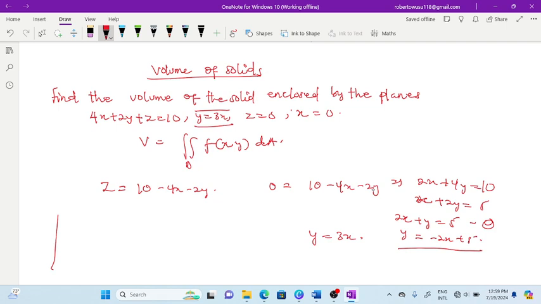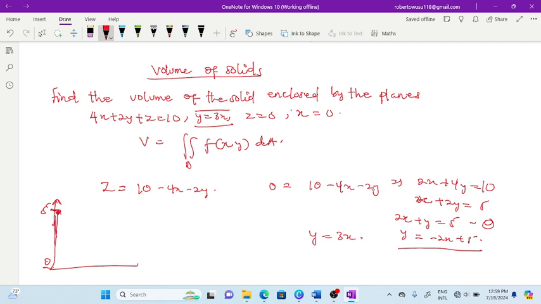So graphically, our planes can be drawn simply. When you have 0 for x, you have y to be 5. So if we are to draw our first plane, negative 2x plus 5, when x is 0, we get it to be 5. So this will be the first point of the plane.